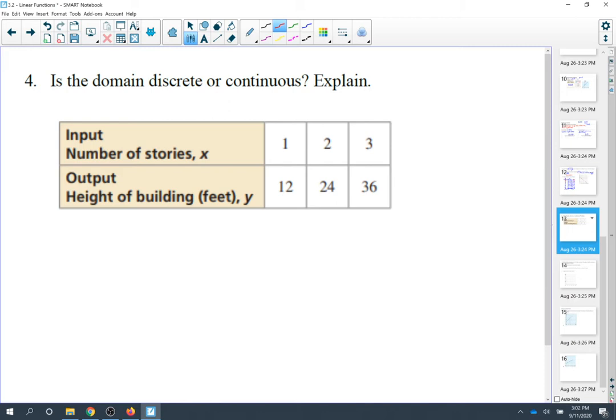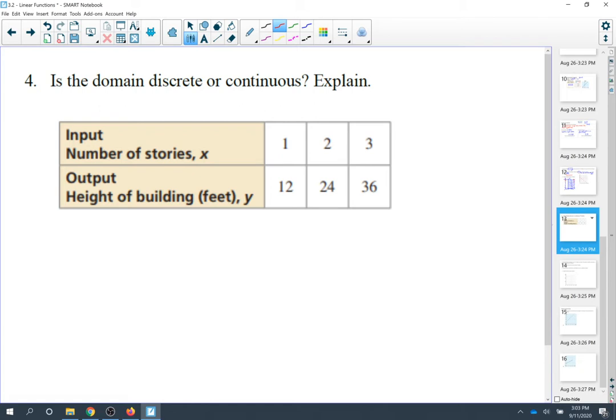Number 4, is the domain discrete or continuous? Explain. So input, number of stories. When they're talking about number of stories, your output is the height of a building. If the building has 1 story, it's 12 feet high. 2 stories, it's 24 feet high. 3 stories is 36 feet high. Is this discrete, or could there possibly be 1.5 stories, or 2.5 stories, or 1 1/3 stories?